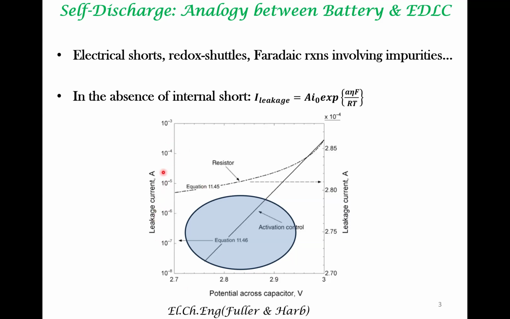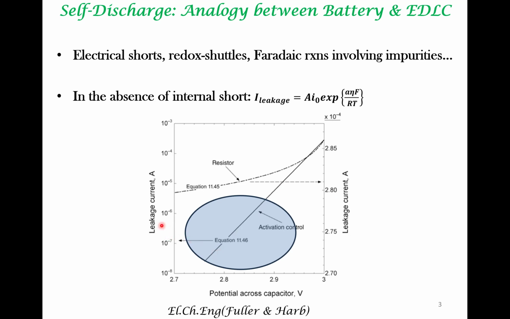it goes in log. The range is very different in this axis as compared to the leakage current in this axis. So if you assume this form of leakage current corresponding to this way of plotting the leakage current, you get this expression. So what is the main difference?